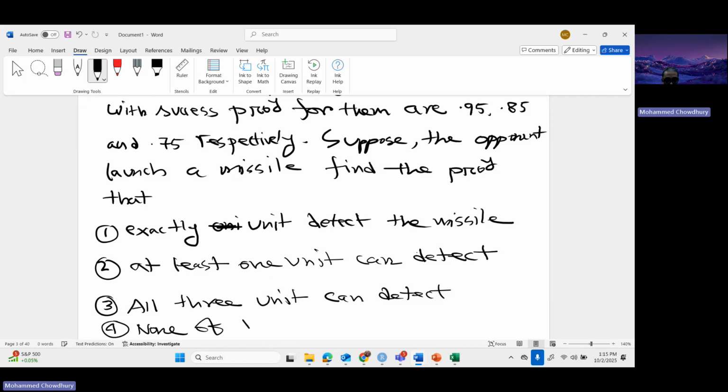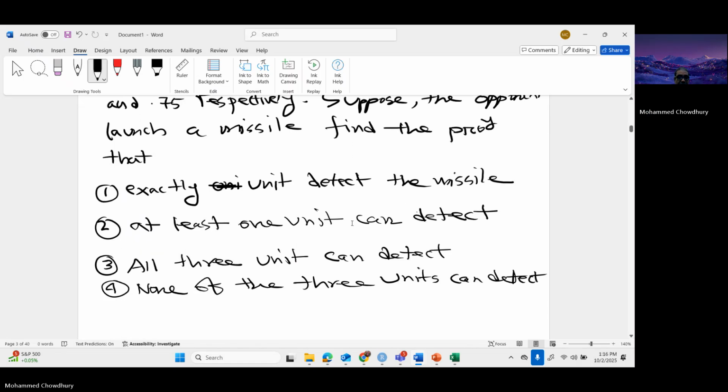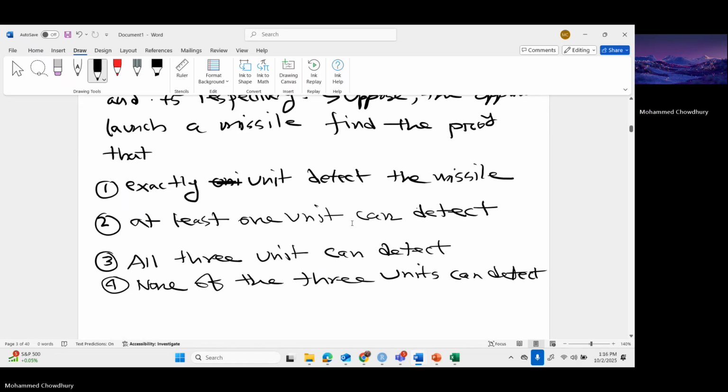Number four, none of the three units can detect. Okay. Clear, right?